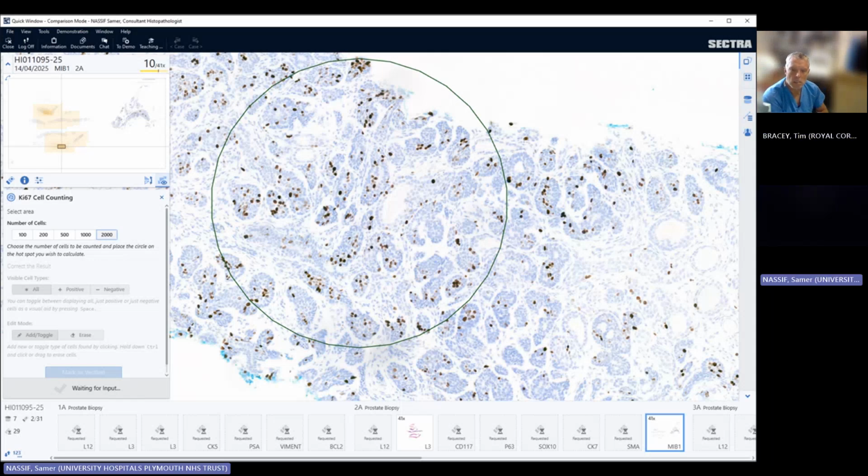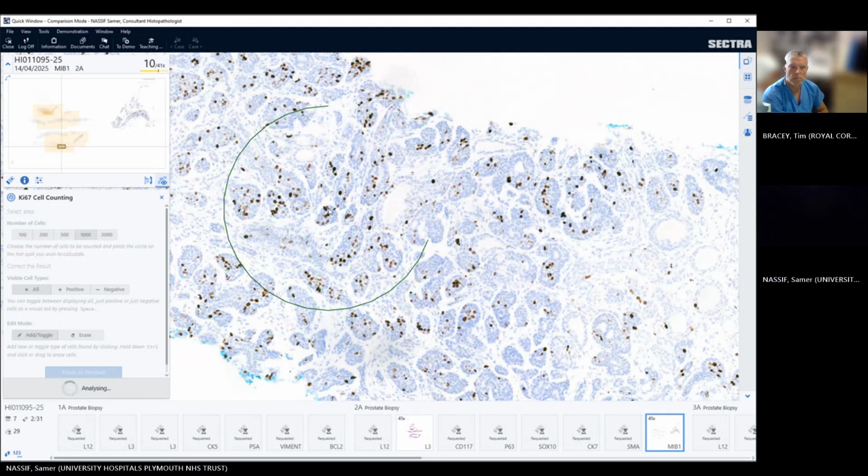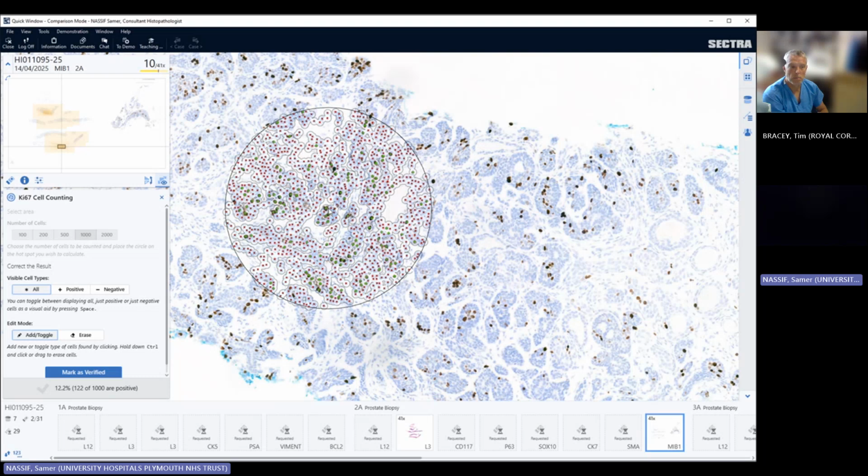We're doing a 2,000 cell count. Actually, let's do a 1,000 cell count here. We haven't validated the Ki67 algorithm yet, but it looks fine to me. It's 12%.